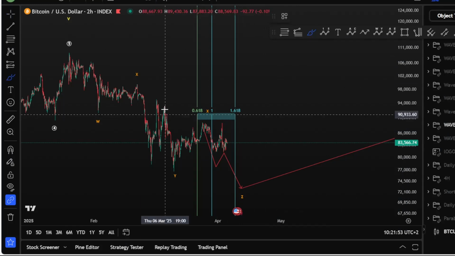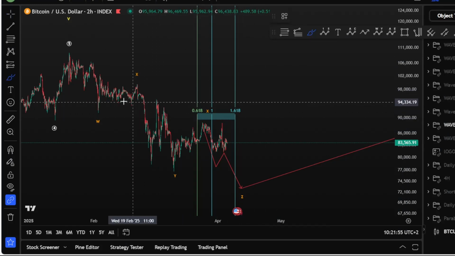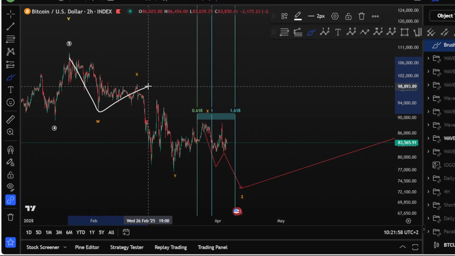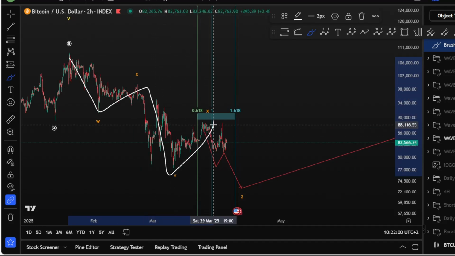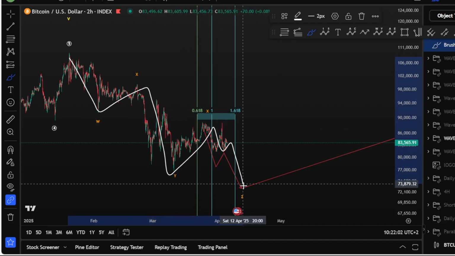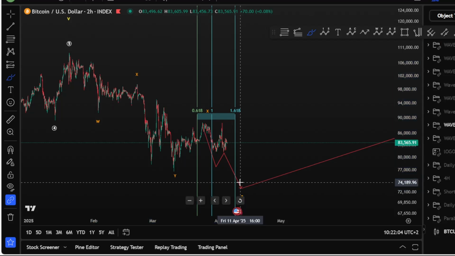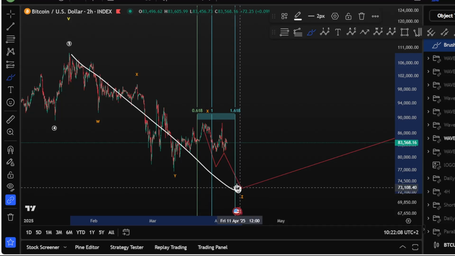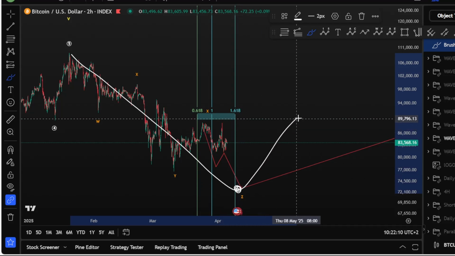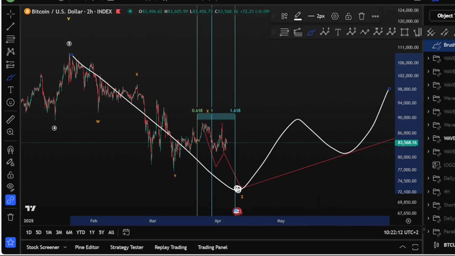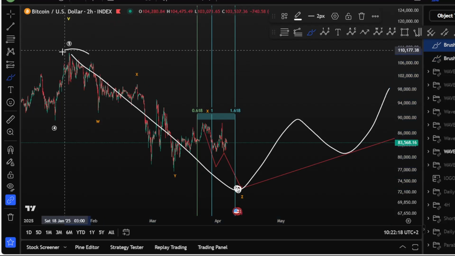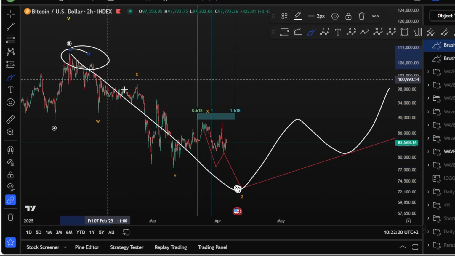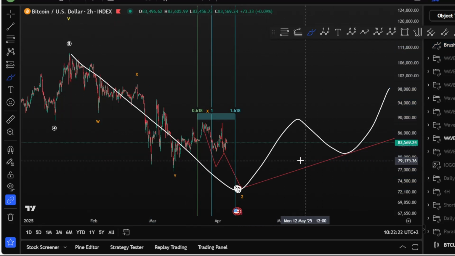Another possible scenario is the WXY, X, and a Z, where you have W, X, Y, and you're looking at a finished X, and currently we're looking to finish a wave Z. With this scenario, you have potentially finished a wave A here with an even longer time, and then start to unfold a wave B toward the upside, which can be a bullish trend but not a bullish scenario, meaning it's very rare that we're going to take the all-time high and create a new one.